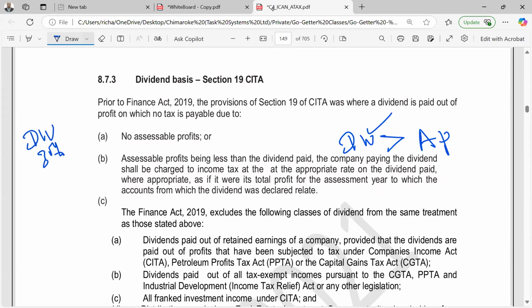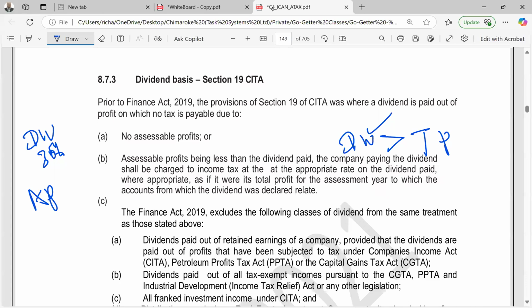Now, in the case when your dividend is greater than your total profit for the year, your dividend is taken as your total profit. So when you check your dividends, you pay 30% out of the dividends you declare.